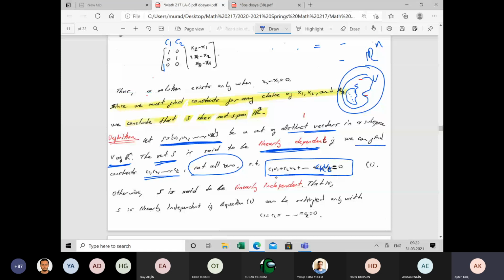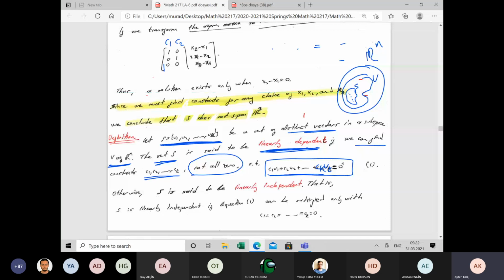If we construct this homogeneous system, what can you say about it? From the previous lectures, we know that for any homogeneous system, maybe this system has only one solution, a unique solution.